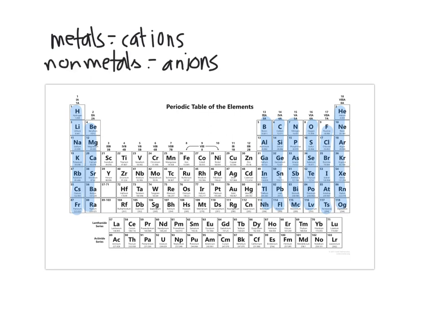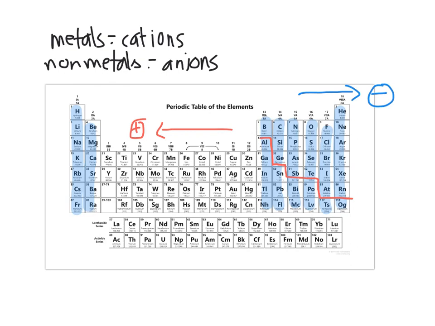The dividing line for metals versus nonmetals looks something like this. So elements to the left of that dividing line tend to make positively charged ions, and elements to the right of that dividing line tend to make negatively charged ions.